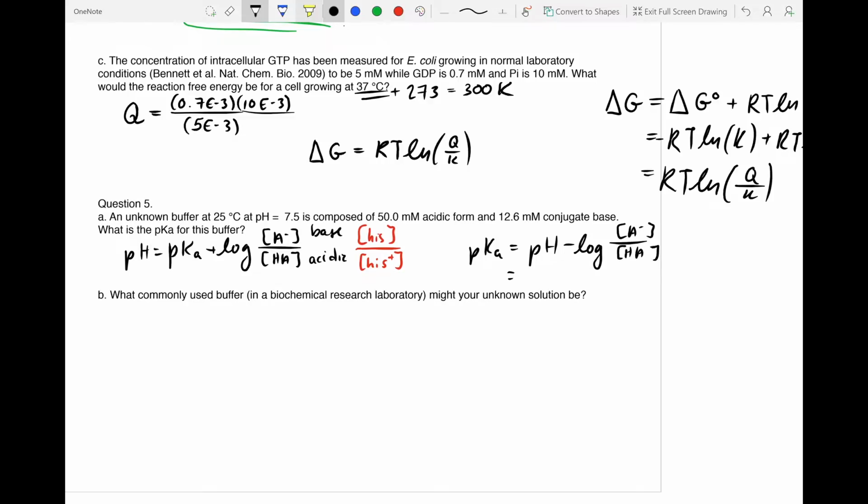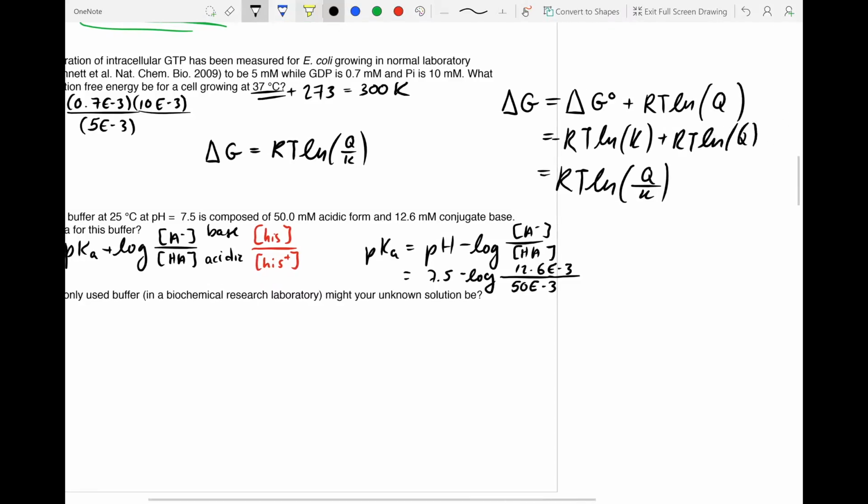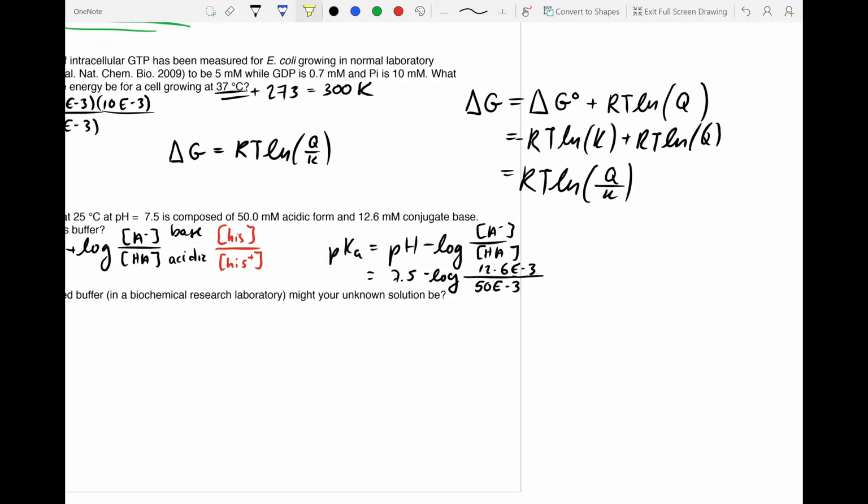So the pH is going to be 7.5 minus the log of the acidic form, 50 over 12.6. It doesn't necessarily matter that this is in millimolar. What matters is that both of the concentrations are in the same unit, because the units will cancel out. We'll get a dimensionless number, so that we can compute the log, and that will eventually give us the pKa, which is also unitless.